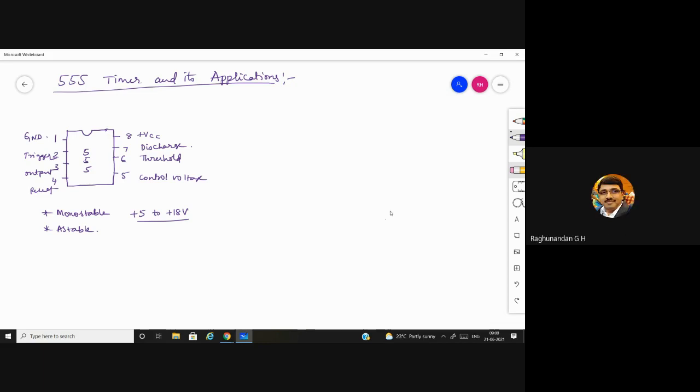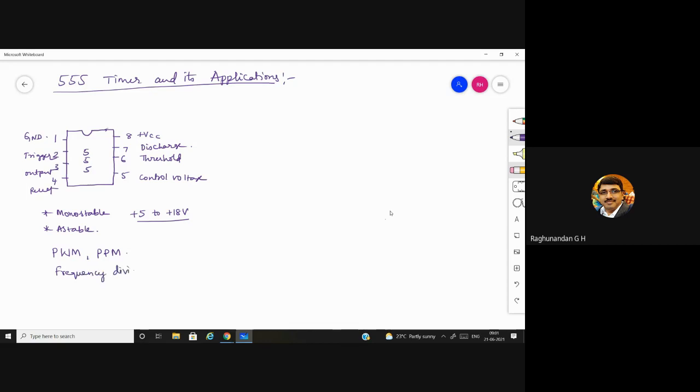So the main applications of this are oscillator, ramp generator, to generate pulse width modulated waves or pulse position modulated waves, and also it can act as a frequency divider.